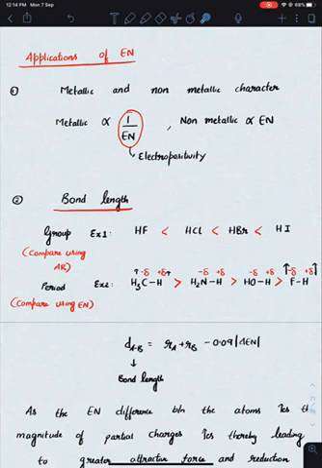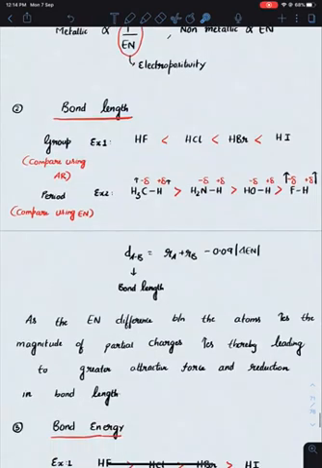Bond length. Whenever you are comparing a given factor in a period or in a group, for same period elements always compare using electronegativity. For same group elements, use atomic radius for the comparison. Very important.